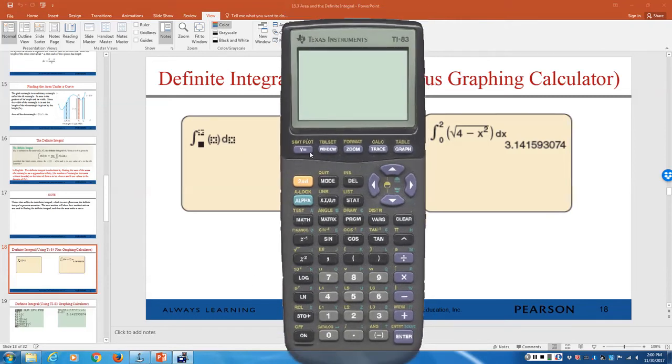First thing that you're going to want to do, you can graph this function, okay? You can graph it so that you can actually see the area under that curve. If we're going to graph it, you just go to y equals, and you enter in the function that we're integrating, which is the square root of 4 minus x squared.